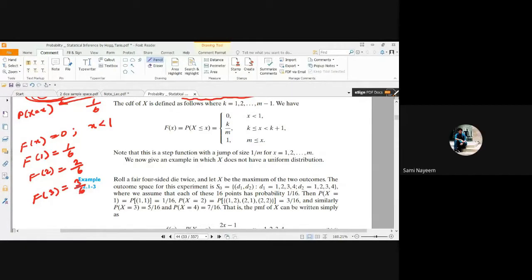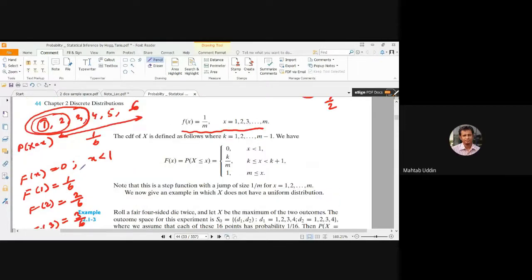Yes, sir. So if we occupy 1 element, it is 1 by 6. Occupy 2 elements, 2 by 6. So occupying k elements, what will be the probability? K by m, right?